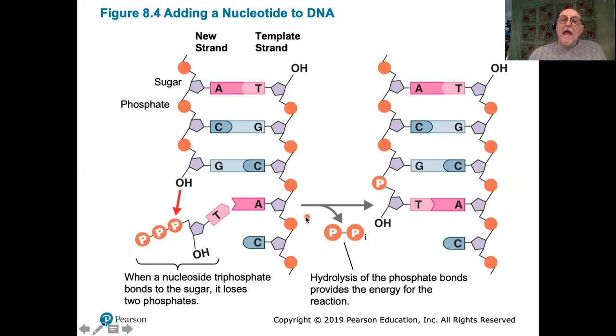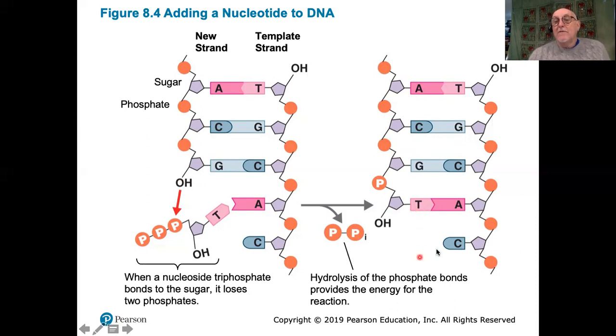In the same way as we've seen before, we're going to appropriate the energy from those phosphate bonds, and that is what is used to forge a bond between the phosphate and the sugar. So this phosphate group here is going to react with this sugar here, and it forms this strong sugar phosphate bond there. And here's our new thymine.